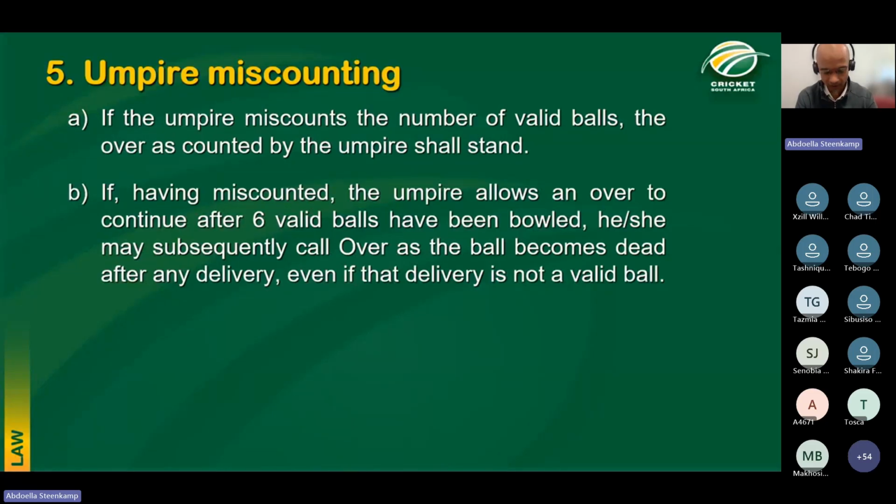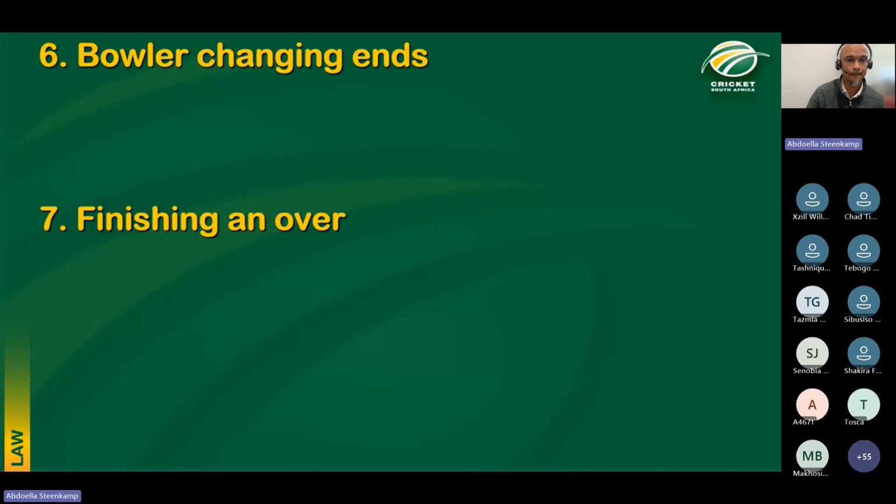Yes, you've allowed a 7th ball you shouldn't have, and yes, the 7th ball was a no ball. But after realizing we've allowed a seventh ball, even though it was not a legal delivery, you can then call over as soon as you realize that you've allowed more than 6 valid balls.